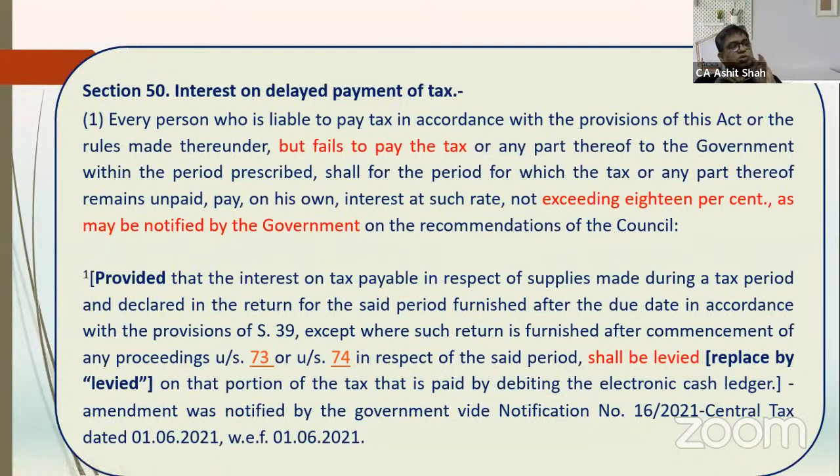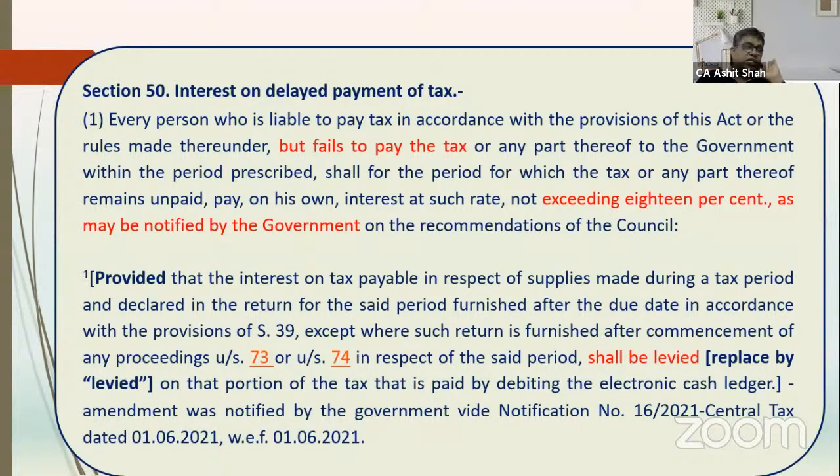That means that before the interest could be levied by the proper officer, issuance of a notice was important, and therefore before levying interest the officer would ask the taxpayer whether he wanted to say anything, and then after hearing him he would levy the interest. That was before 2021.